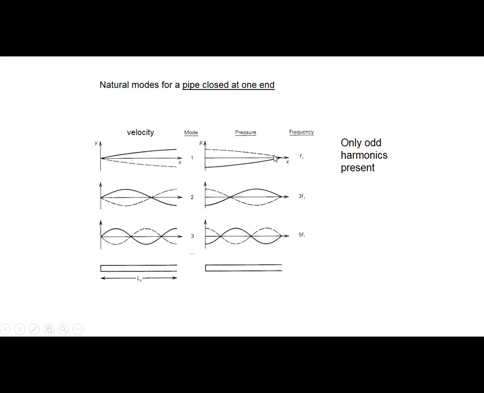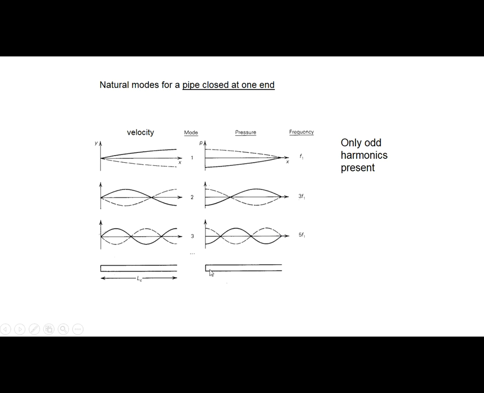The way to think about this is that if it is closed, let's say on this left-hand side here, then the pressure is going to become biggest and smallest here, but at the end where it's open, the pressure will actually meet the pressure of the atmosphere. And so this means that you can fit a quarter wavelength, or 1, 2, 3 quarters of a wavelength, or 1, 2, 3, 4, 5 quarters of a wavelength into the pipe.